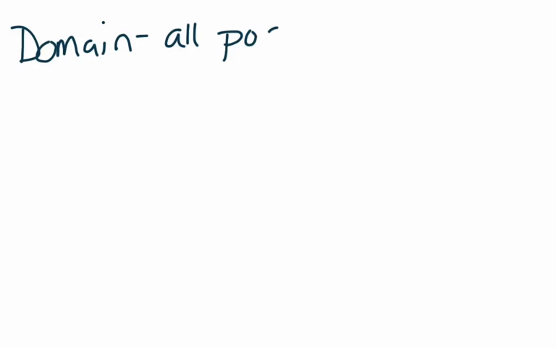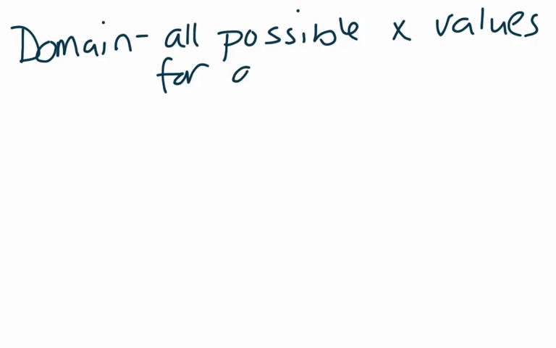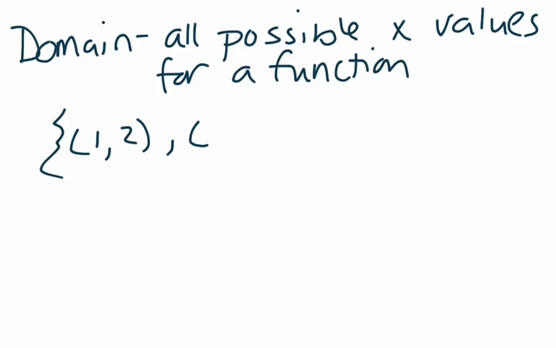So remember the definition of the domain is all the possible x values. We're really not going to talk about range here, so for a function. And when this is first introduced to you, usually you've got some set of ordered pairs.